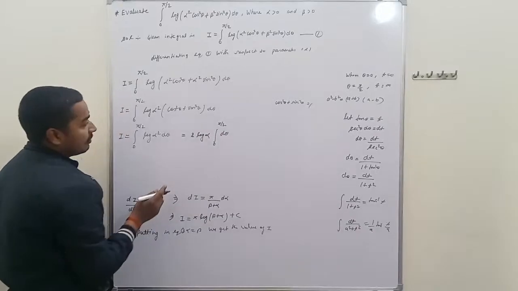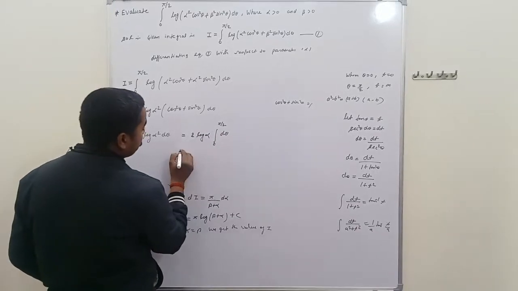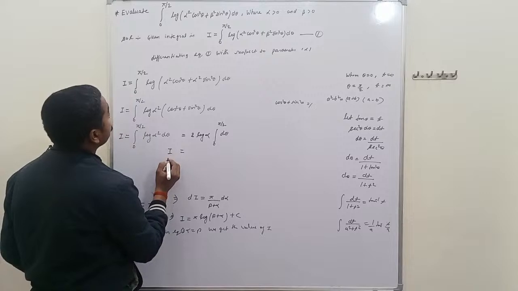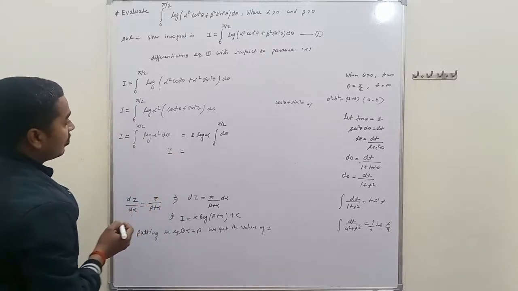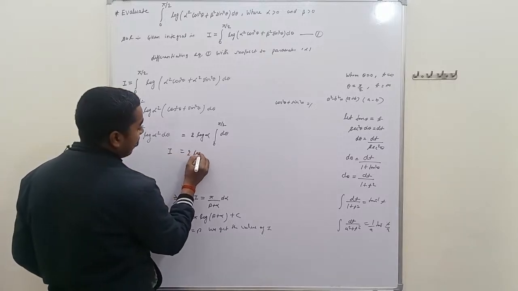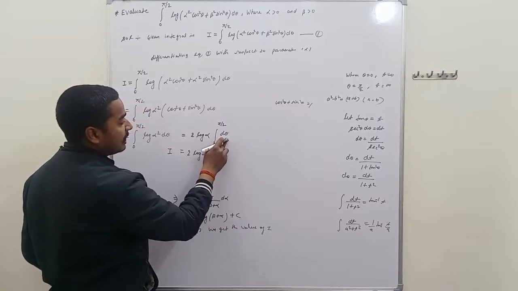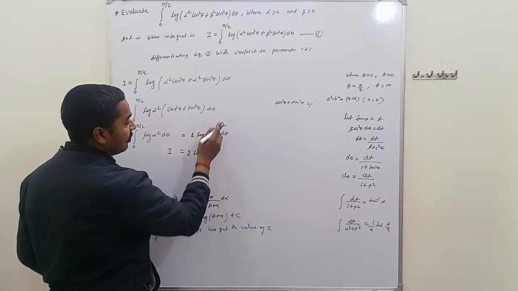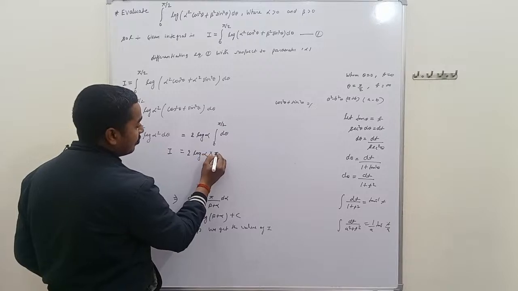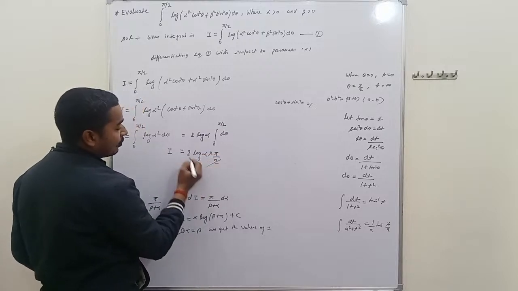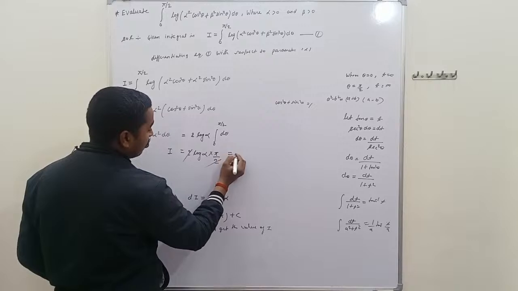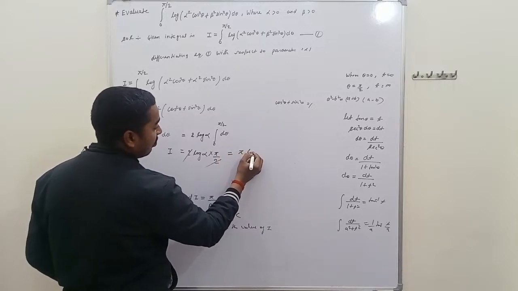On integration, I is equal to 2 log alpha, and the integration of d theta is theta. When putting the limit pi by 2, the 2 and 2 cancel out, so this is equal to pi log alpha.